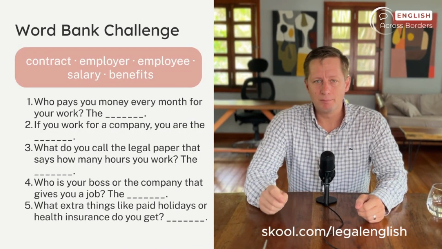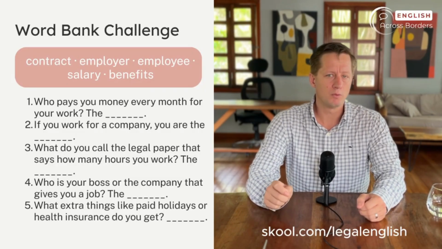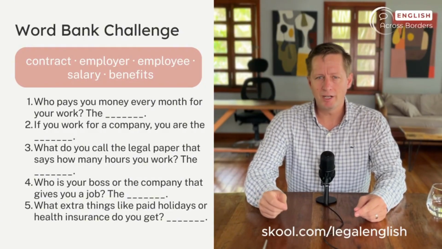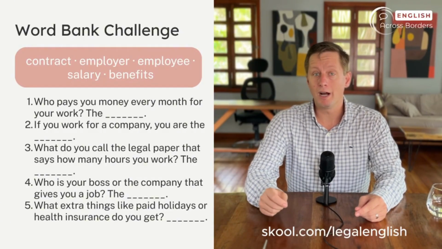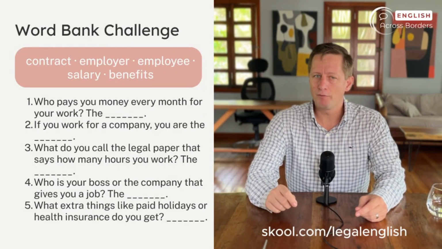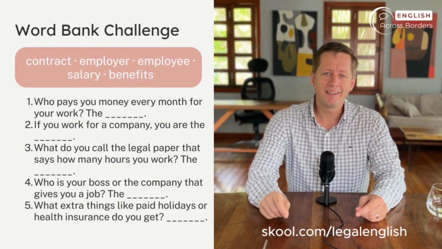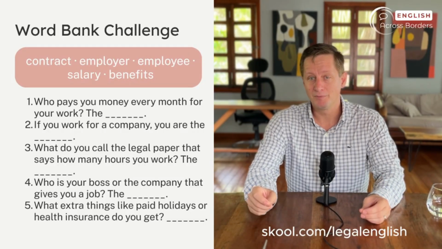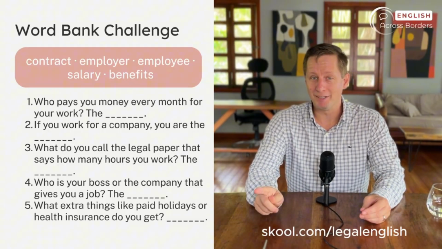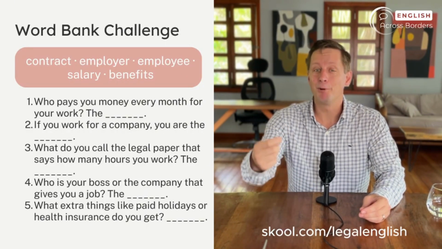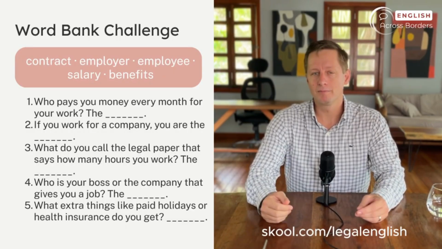Let's practice some sentences with questions to help you find the right word. I will read each question and you think about the answer before I tell you. Who pays you money every month for your work? That's the employer, the person or company that pays you. If you work for a company, you are the, yes, you are the employee, the worker.